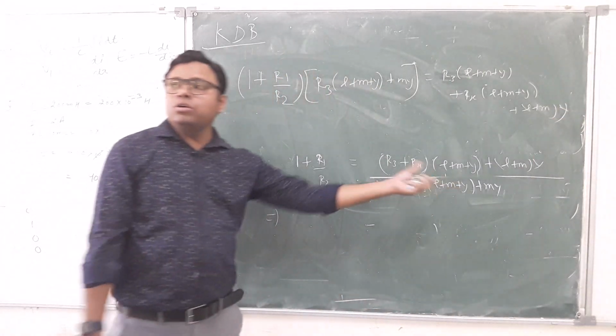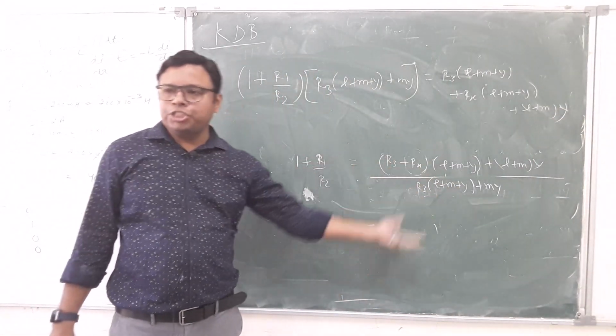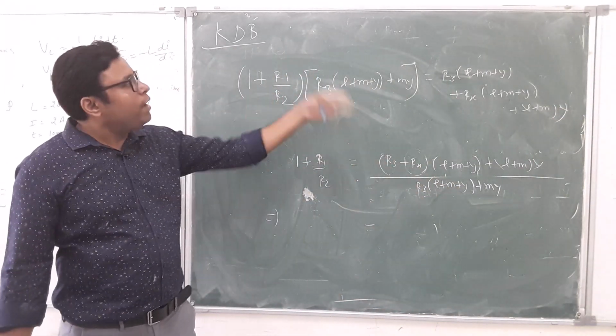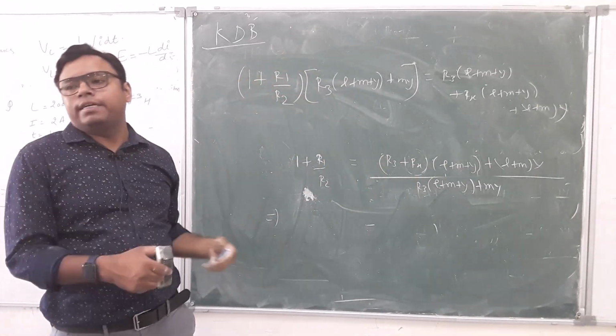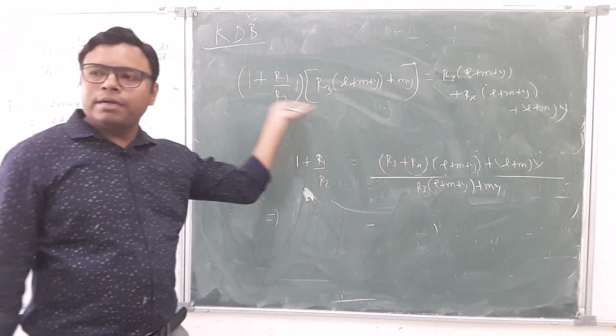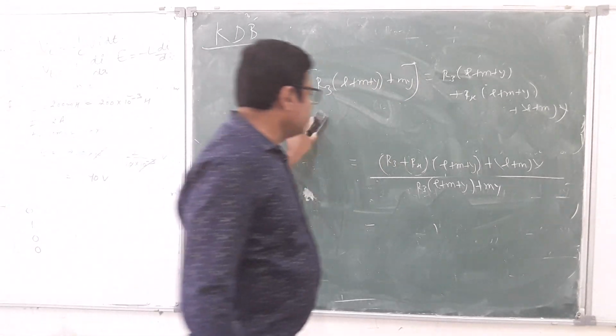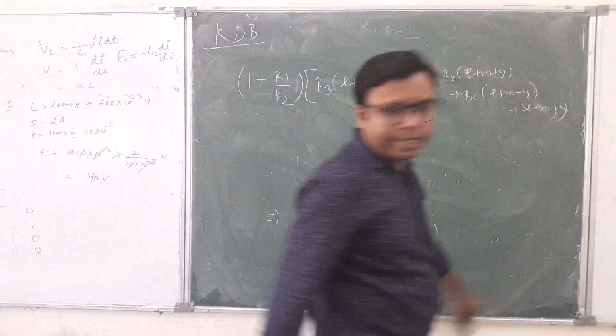Because see, I want to get rid of this equation. This is a quotient form, rational form. So if I will again do the same process, again I am creating a rational form. It is better to look in this way because then I will get the terms to cancel out. Okay. That I did last night.